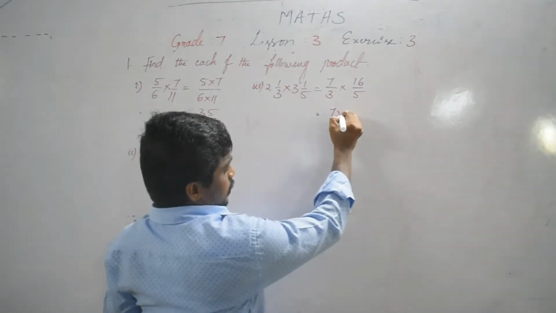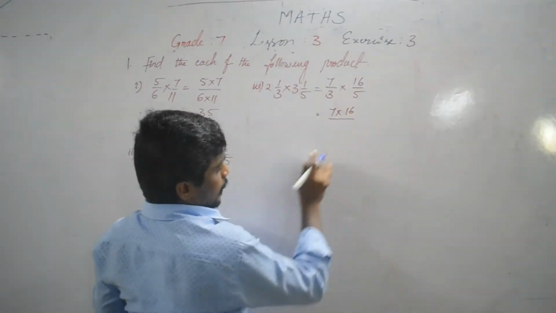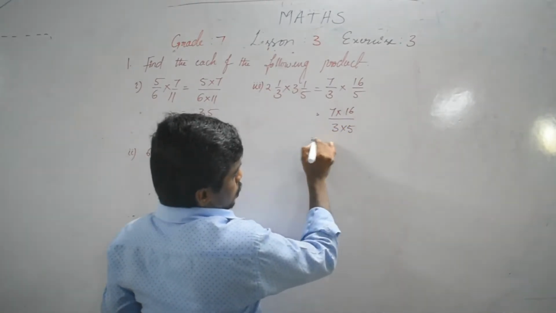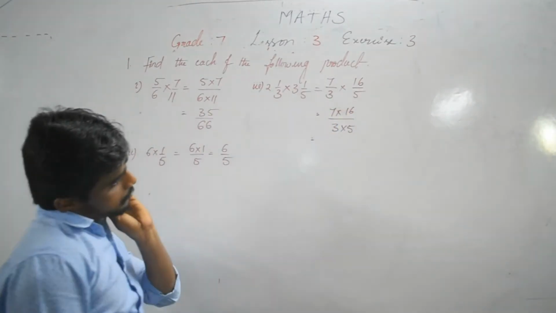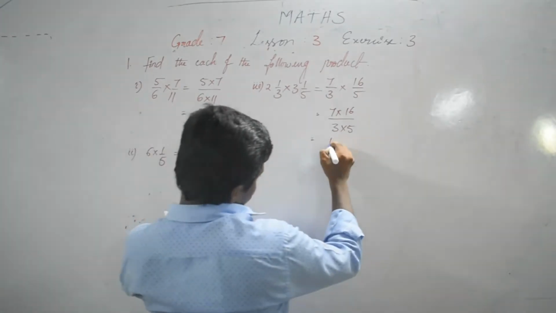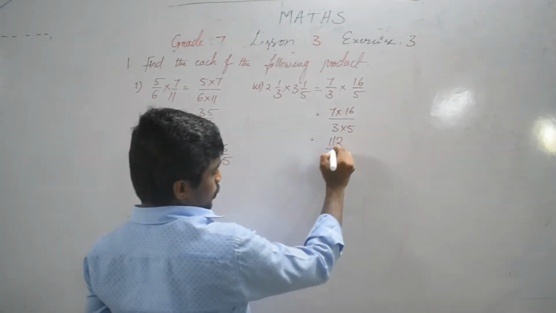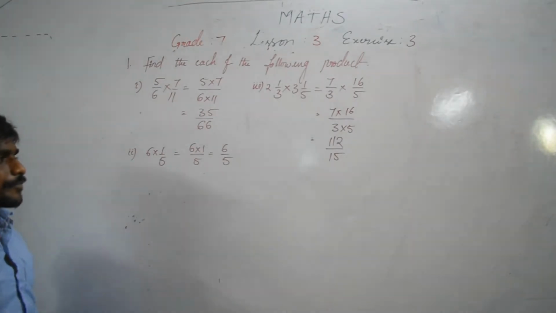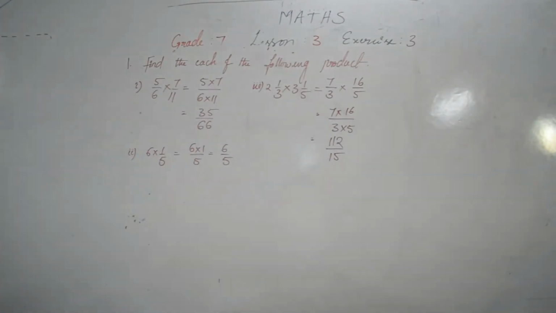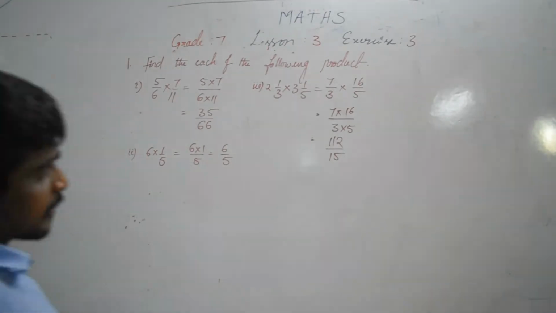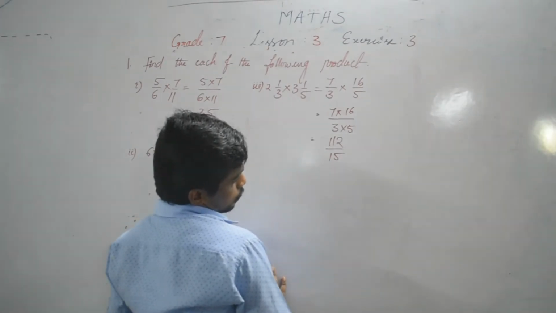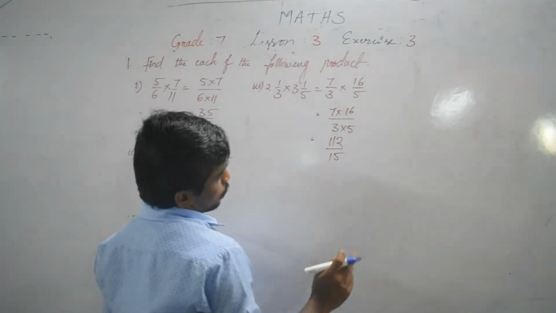So 7 times 16 by 3 times 5. 16 7s are 112, by 3 5s are 15. 112 by 15. Do these both come in any table? No.